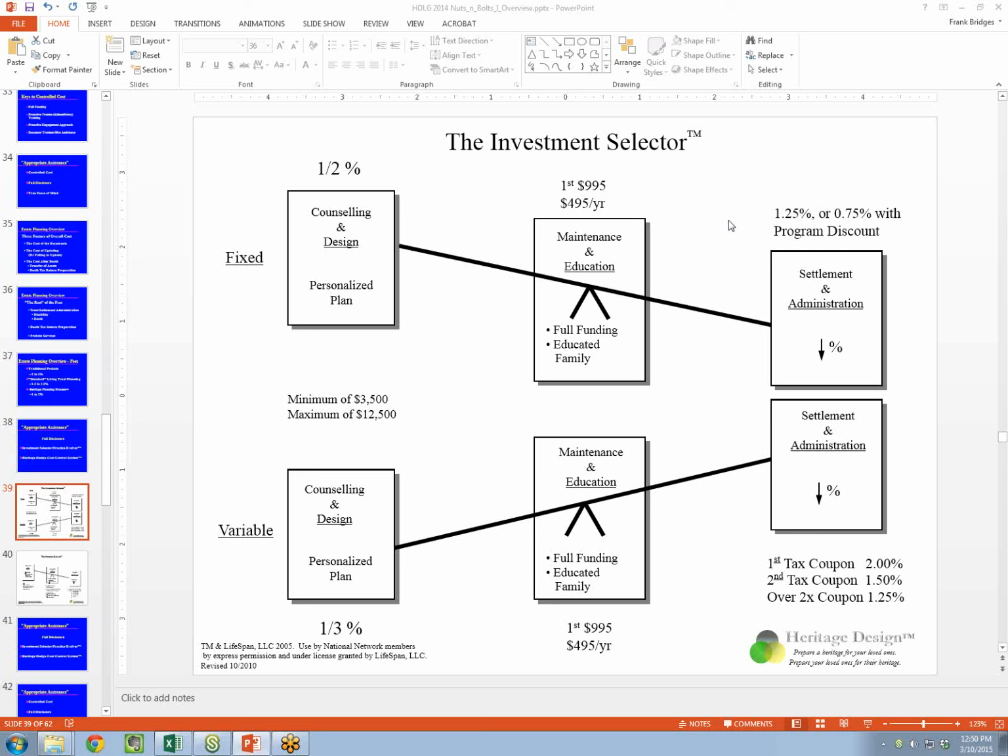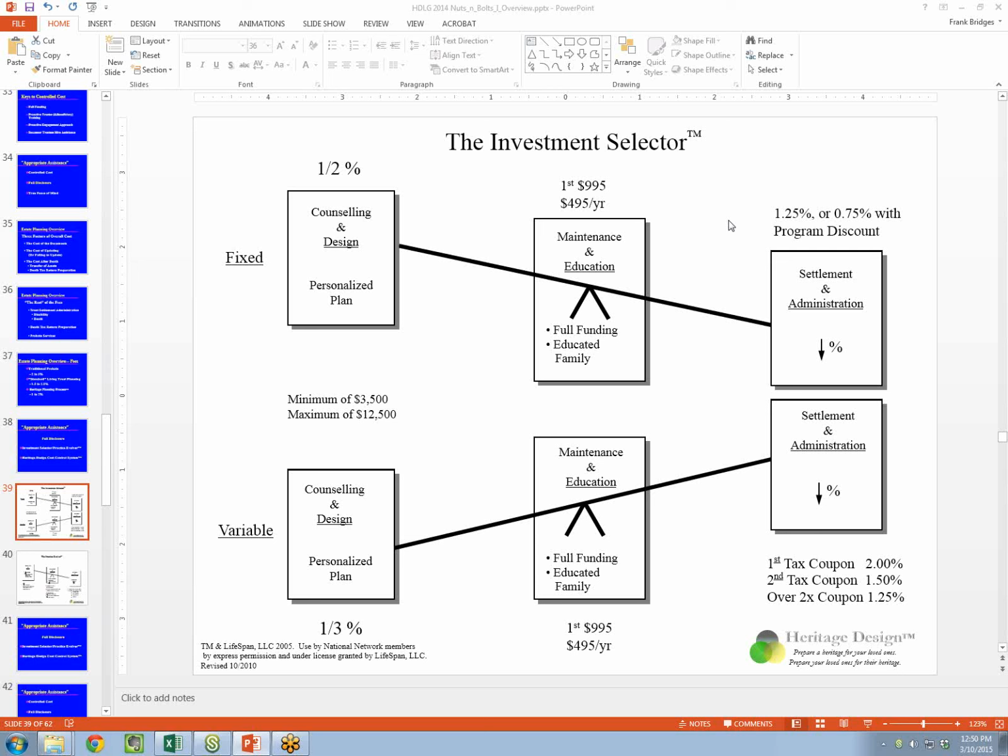So typically for estate settlement for clients and their helpers who have participated in our Step 2 education program, there's a 0.5% reduction in the estate settlement cost.